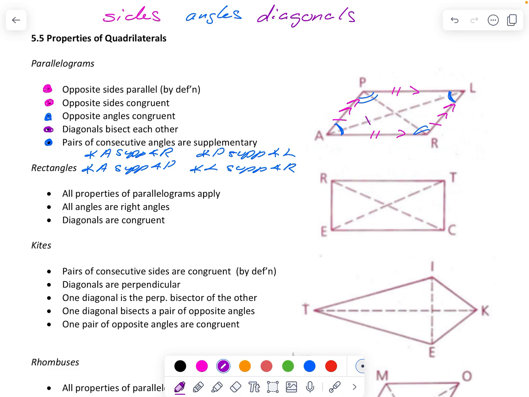So those pieces are congruent and these pieces are congruent. The diagonals themselves are not congruent. There's obviously one long and one short, but they bisect each other right here at that midpoint.